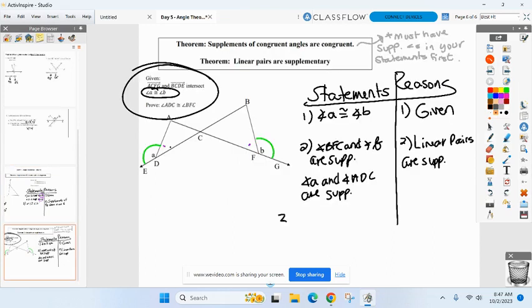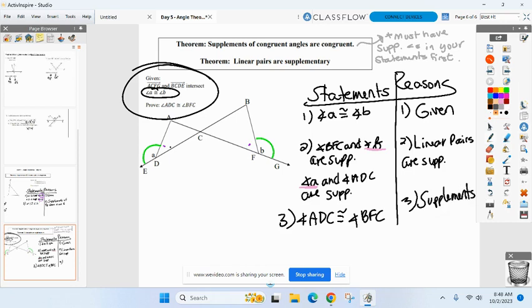All right, now we could say that angle ADC is congruent to angle BFC. Let me ask this one more time so I'm confident. Are they supplementary to the same angle? No, but they are supplementary to congruent angles. All right, so supplements, and you can abbreviate supplements.